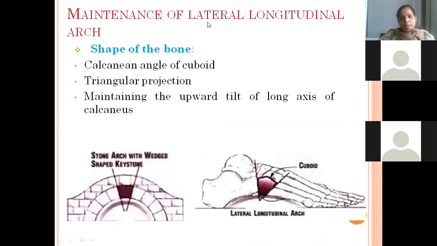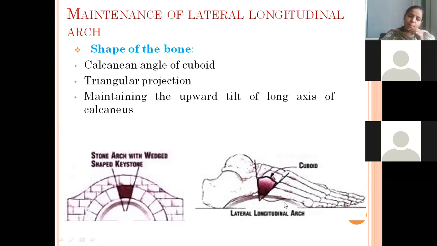Now we are moving to the lateral longitudinal arch. Here also you will see the shape of the bone is very much irregular. There the key bone was talus, here the key bone is cuboid. So the shape of the bone is very much irregular. Always remember they are wedge shaped. If you just draw something like this, it looks like a triangle. You are comparing it with a stone arch, like a stone bridge.